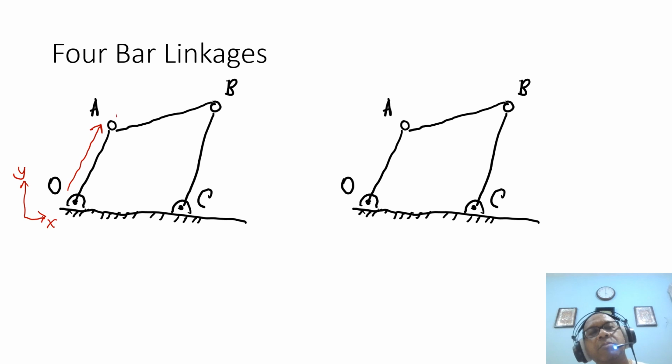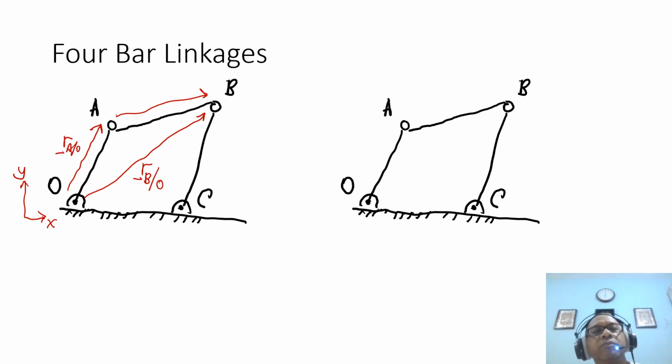This is position AB, and finally this is the position vector B. Position vector B relative to O equals position vector A relative to O plus position B relative to A. From there, we usually write down our position vector equation.